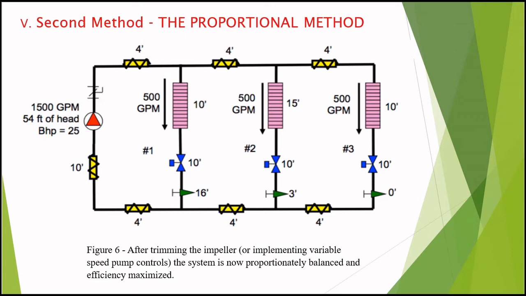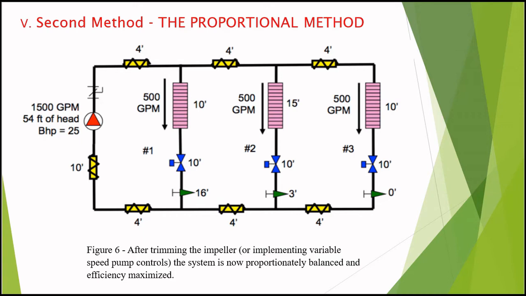The end result is the system is vastly more efficient, and you have met an important requirement of ASHRAE 90.1. With these notes, we completed the second commissioning or balancing method. The proportional method was the second method.